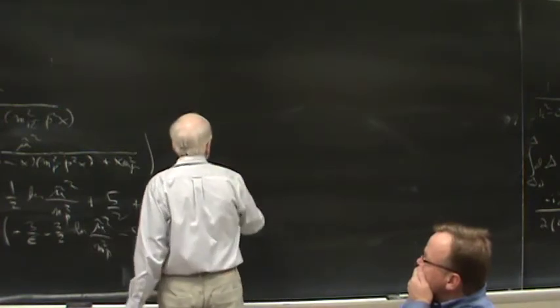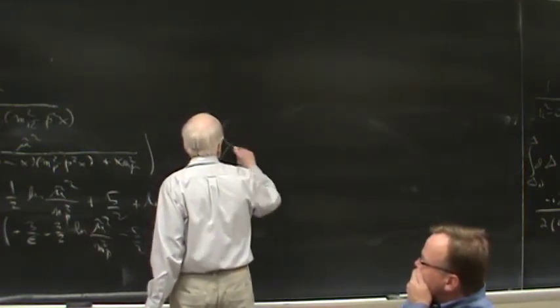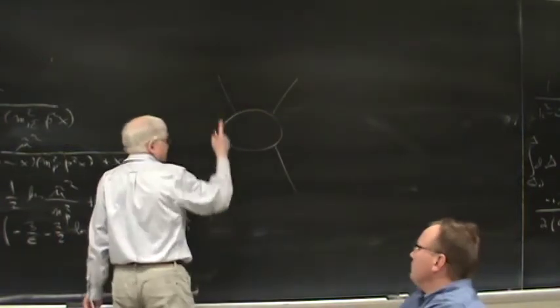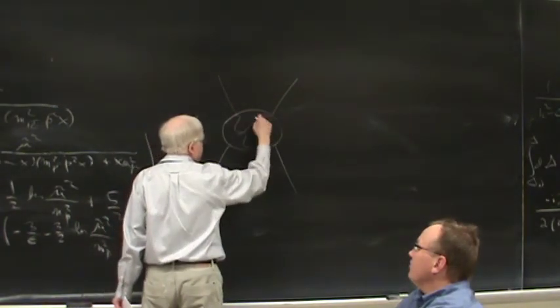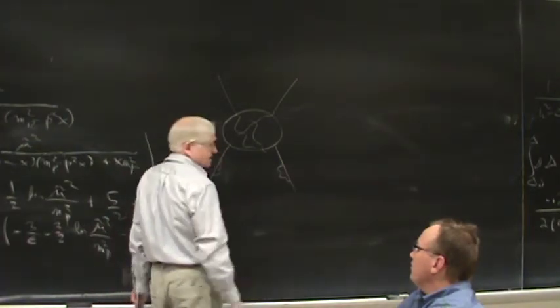So if we're talking about some complicated diagram in which we have 2 to 2 scattering, we need to include all the loops that occur in here, but we don't need to add these guys.